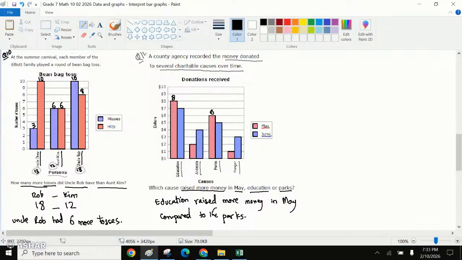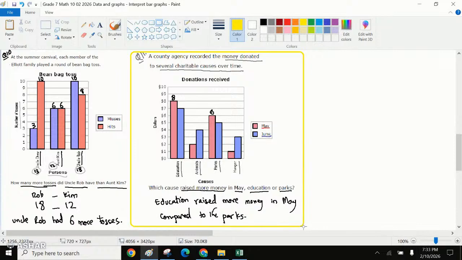Agreed? So we simply need to assess the information and give our answers, okay? Bar graphs are very simple. Not a lot of information needs to be processed. Most of the information is already there on the bar.